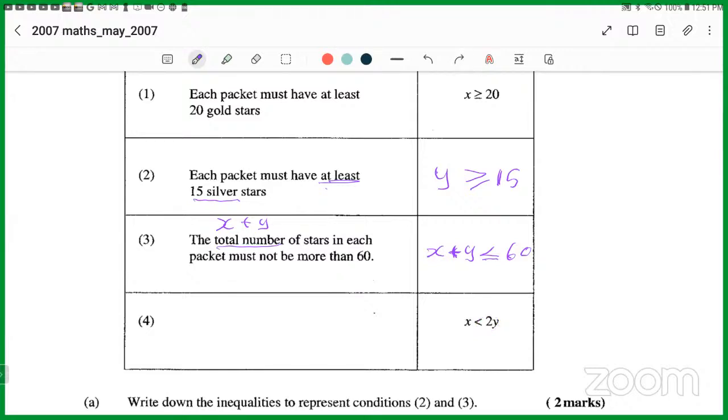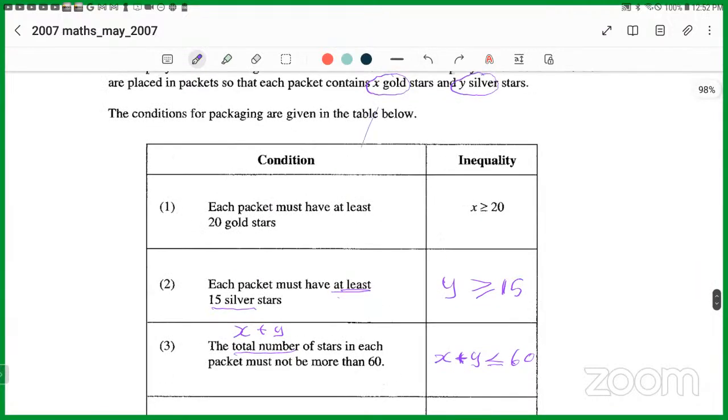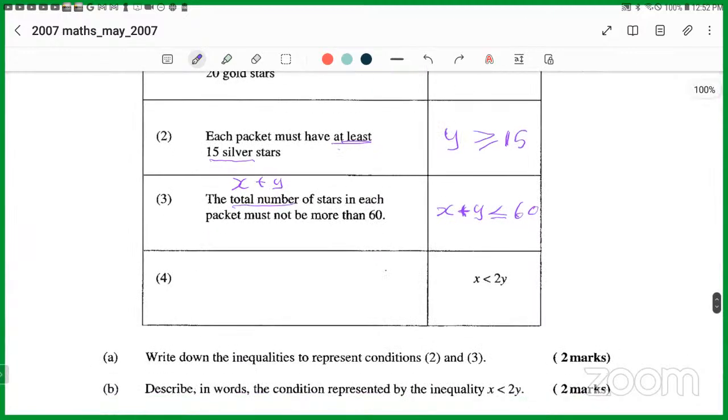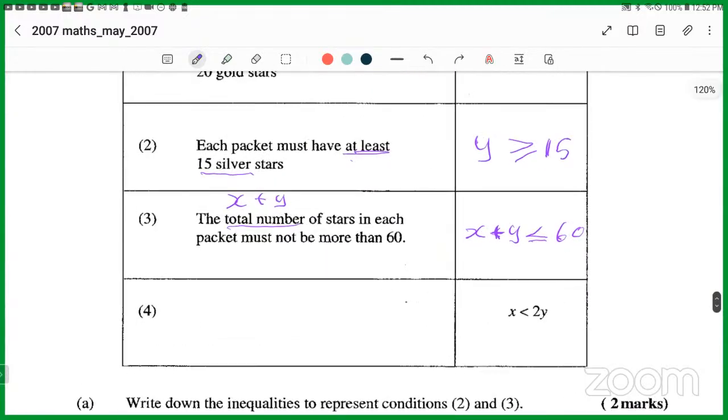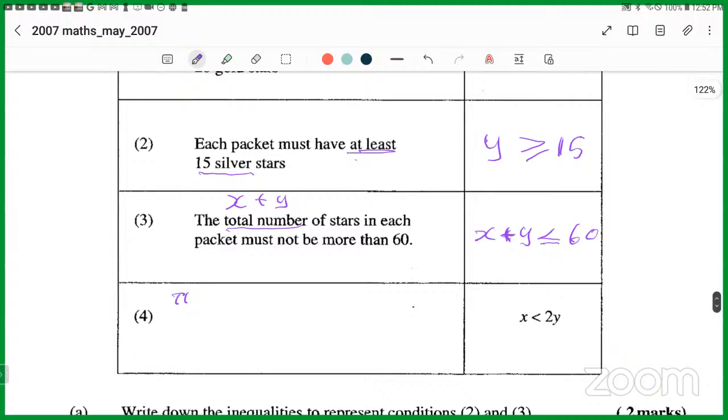Just read it as it is from left to right. Remember that X represents the number of gold stars, Y represents the number of silver stars. So if I were writing this, I would say that it means the number of gold stars must be less than twice the number of silver stars.